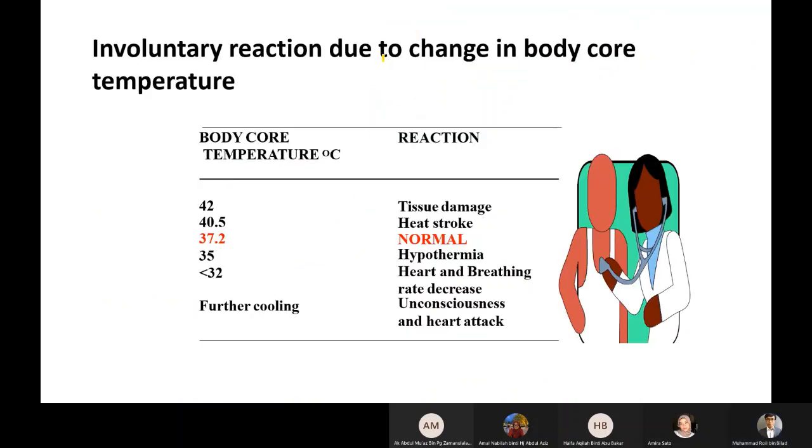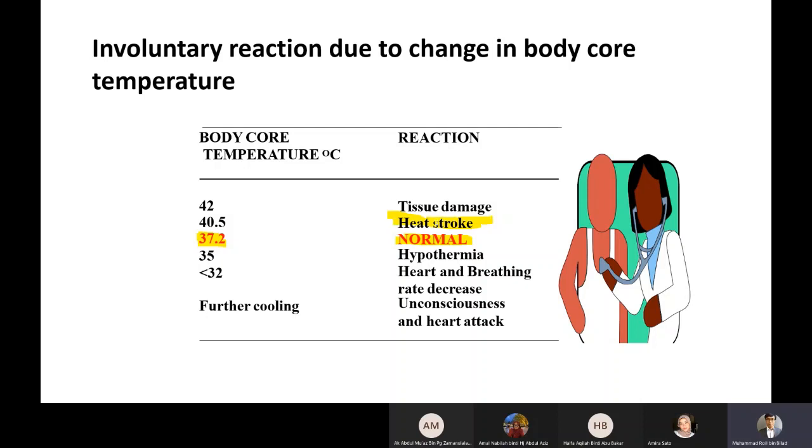So what happens if the temperature doesn't meet the normal condition? 37 is around normal body temperature. At 40.5 it's called heat stroke.